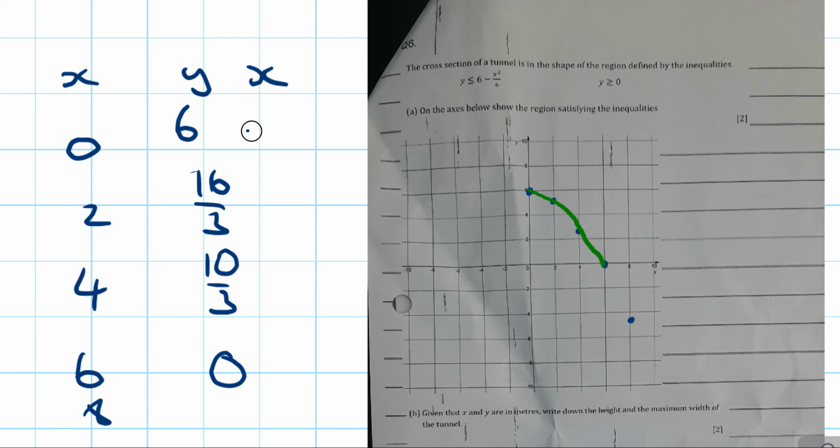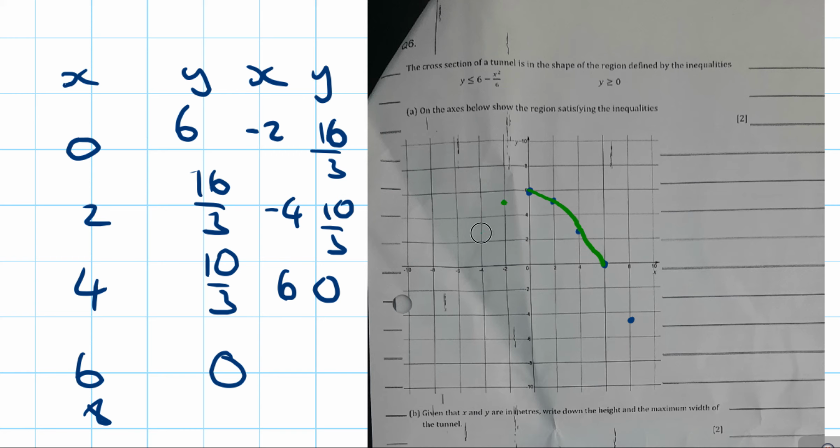So if x is negative 2, that's actually going to give the same value, 16 over 3 still, and you can plug that into your calculator to confirm. When we have minus 4, it's 10 over 3. When we have 6, it's 0. So again, it's going to be the same values all the way down. So it's going to look something like this as your tunnel.